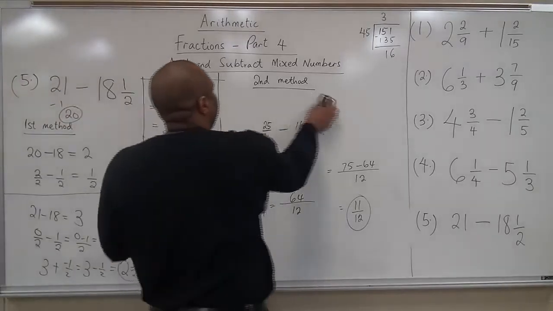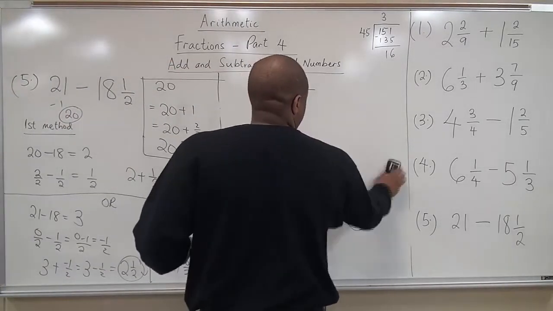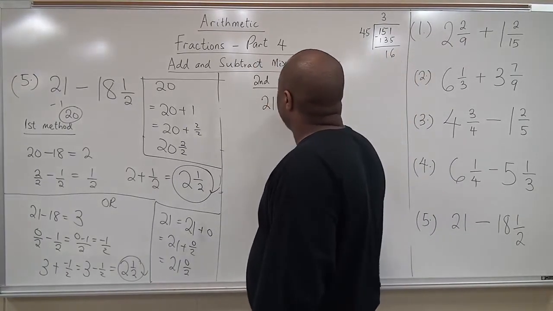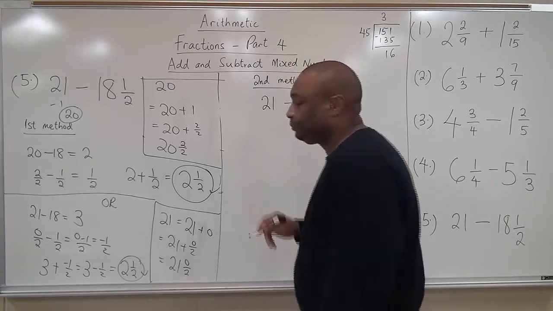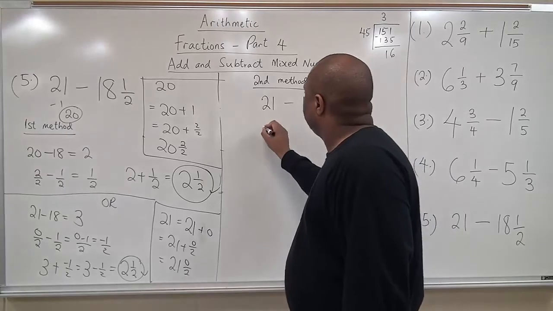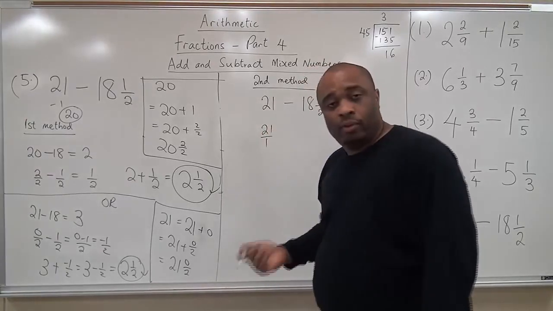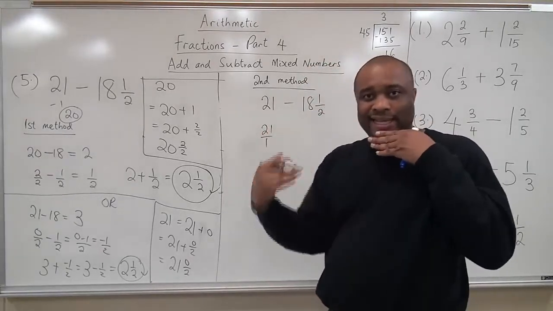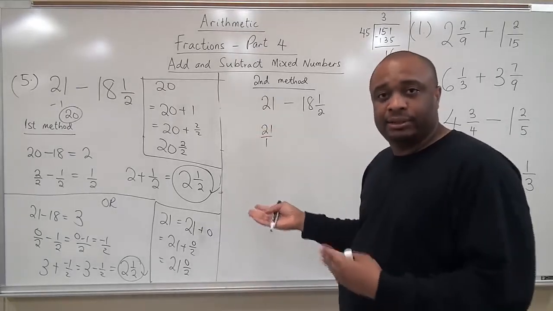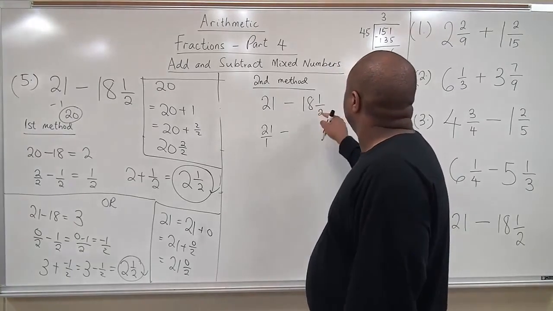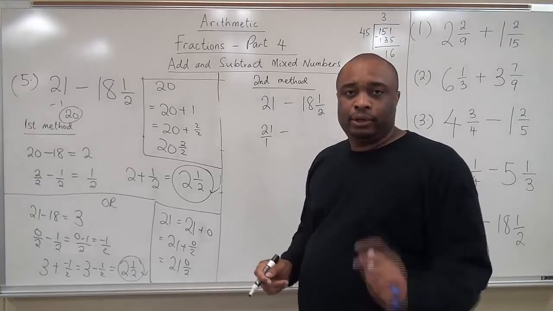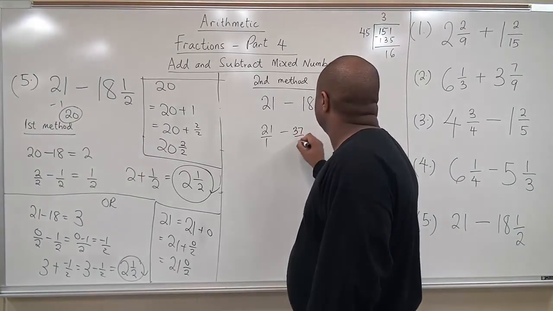If we use the second method for this, we have 21 minus 18 1 over 2. This 21 is already 21. We can call it 21 over 1 because we want to express this as an improper fraction. That's the second method. 2 times 18 is 36 plus 1, 37 over 2.